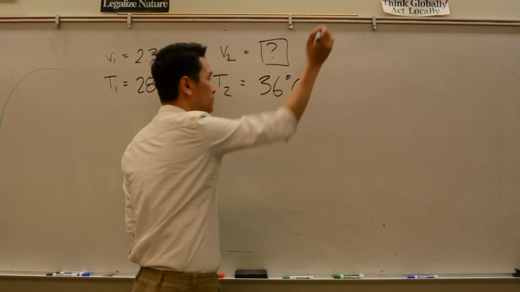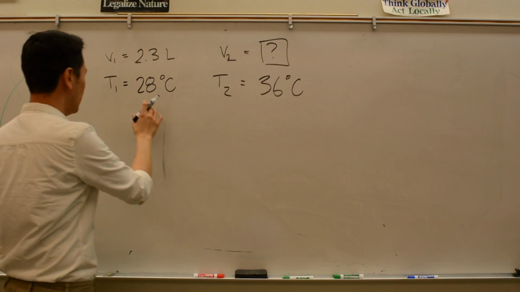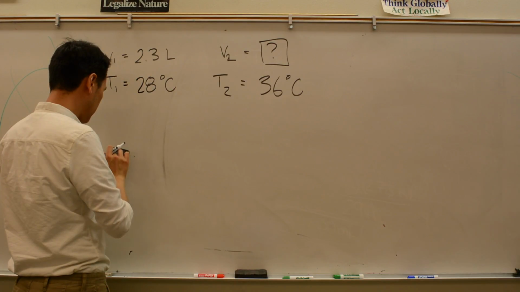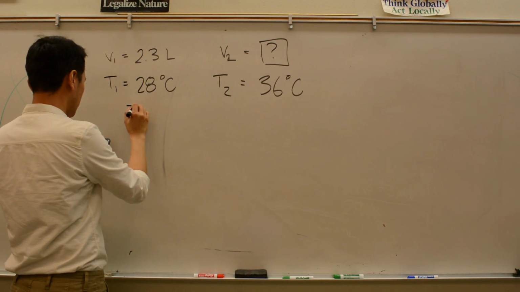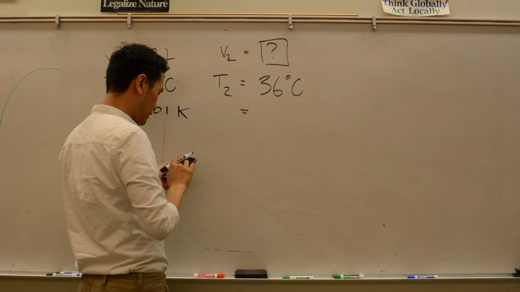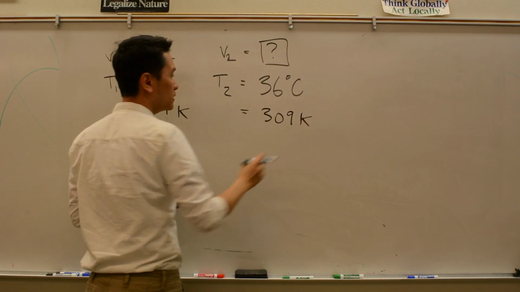Again, Charles' law says we have to use Kelvin, so we have to convert this to Kelvin, which is 28 plus 273, which is 301 Kelvin, whereas 36 plus 273 is 309 Kelvin.